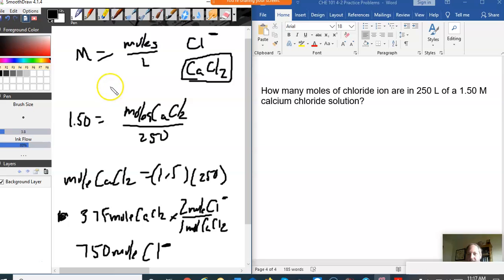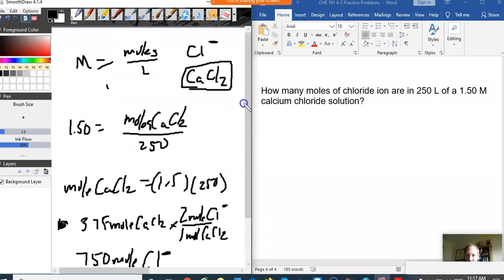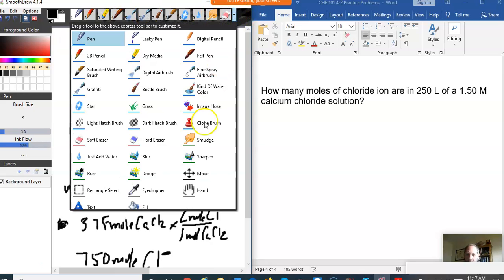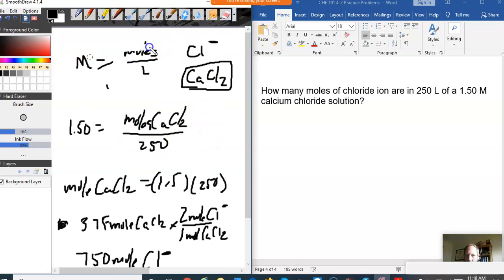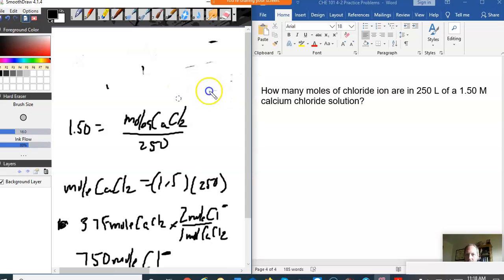Okay. Yeah, if you think about it, let me do a picture of this. Let's get the eraser here and erase that top part. So imagine you have a solution, water, and you're adding in the calcium chloride, and it ionizes in here.